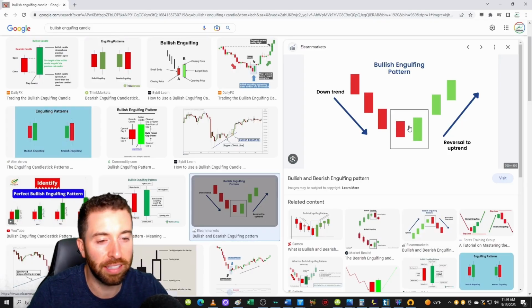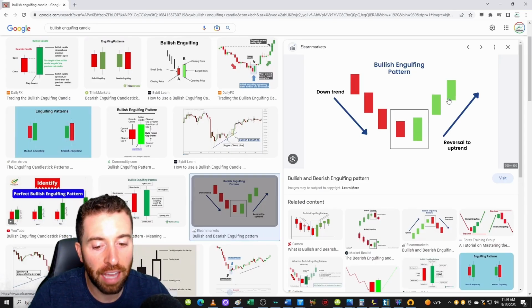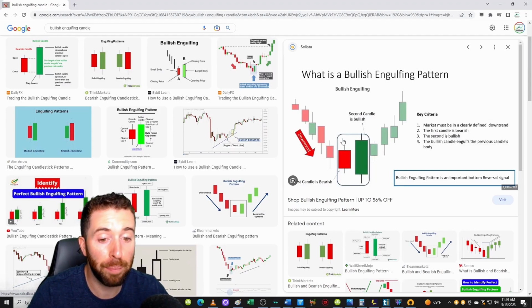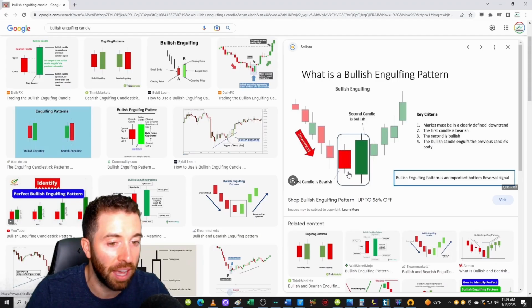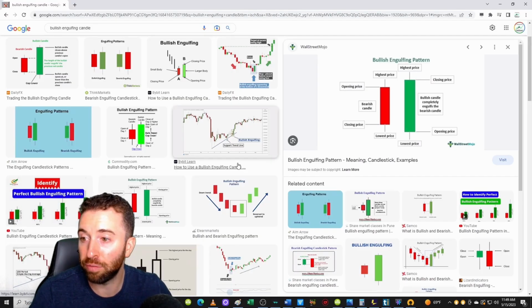If we slid the entire green candle over the red candle, that whole red candle would disappear. That's how we know that we are going to reverse. So you could see we have falling, falling, falling, falling. You could see we have a red candle. We have a gap down, where we open up underneath the candle. Then we finish above that candle. We engulf the entirety of that previous day. That's a sign that a reversal is going to be coming. We are engulfing and reversing.